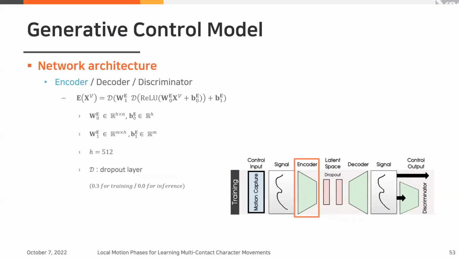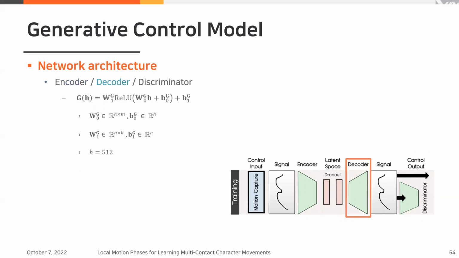The encoder is composed of 2 layers with ReLU activation function. And given the smooth trajectory produced by blending the user signal and the autoregressive control signal from the previous time step, this encoder encodes the input into the latent code.